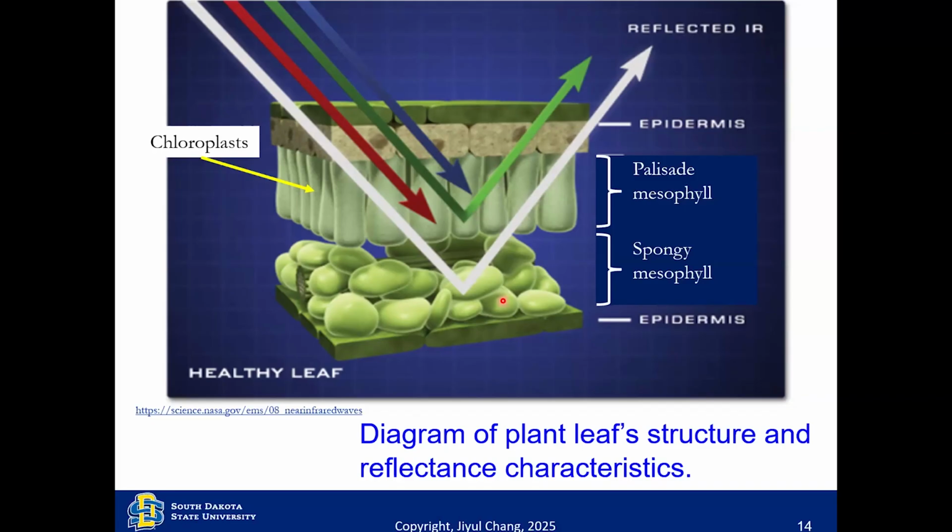But when plants are under stress, the first symptom is that the sponge mesophyll cells lose water and then squeeze. Then the reflectance of near infrared is reduced a lot. Because of this, we can use near infrared to identify healthy and unhealthy plants.